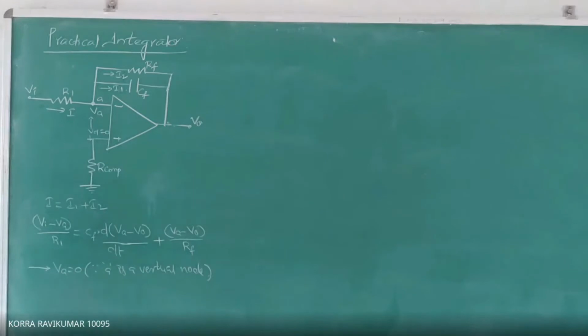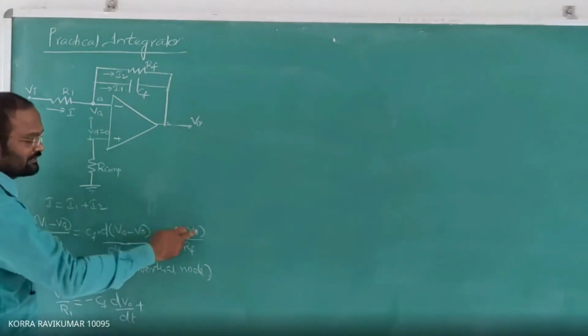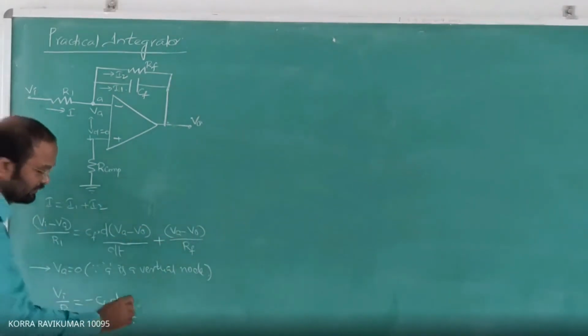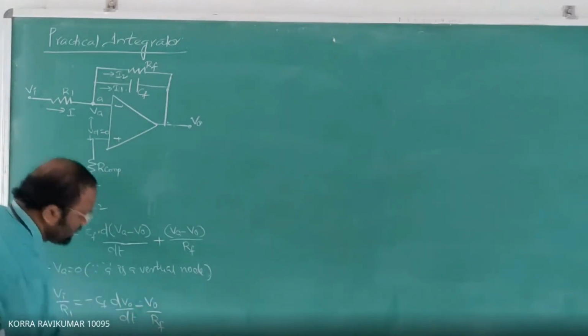Then the expression becomes VIN by R1 equals minus CF into dV0 by dt, plus minus V0 by RF.